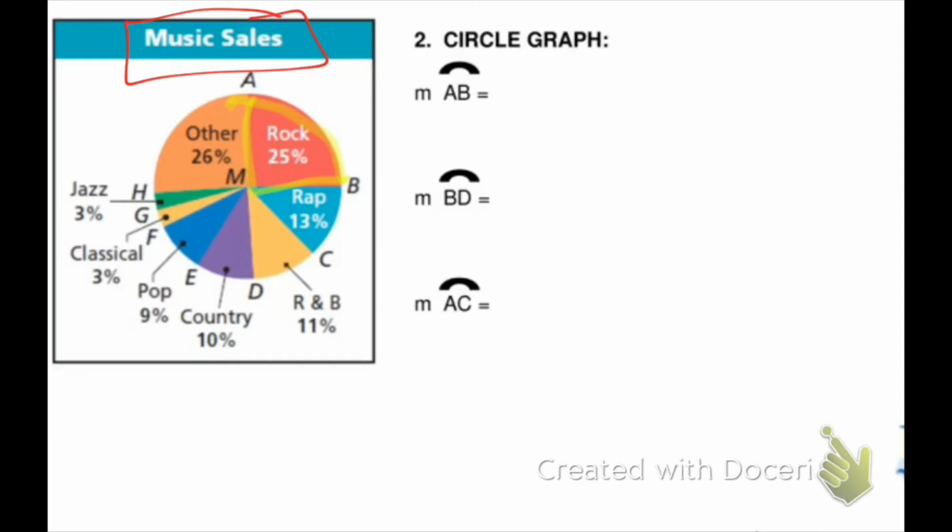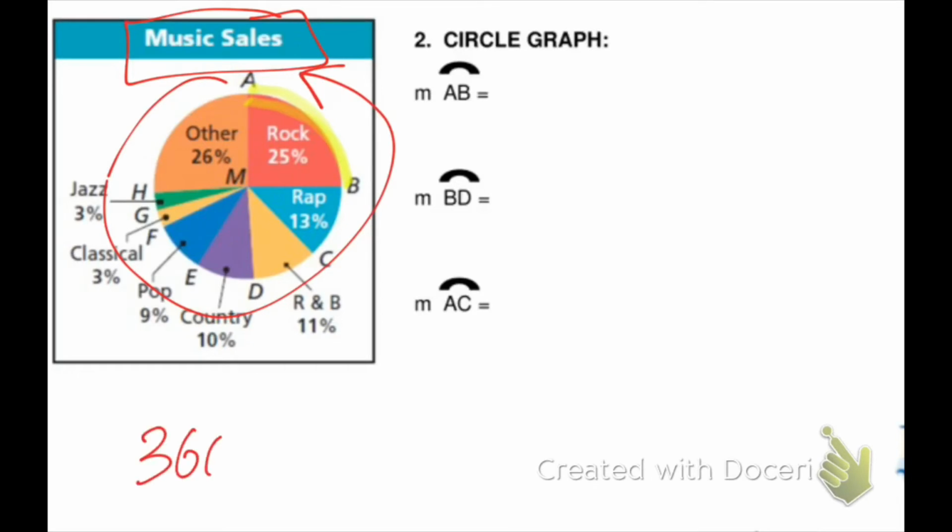Rock is 25% of the total music sales. So if rock is 25%, and I want to solve for the arc measurement of AB here, well, how would I solve that? Well, remember that our whole circle is 360 degrees.